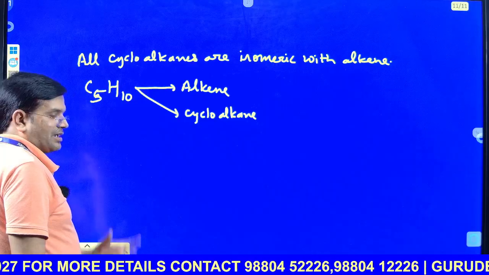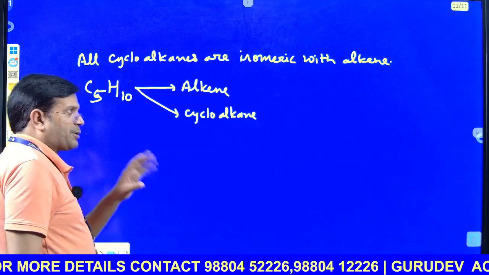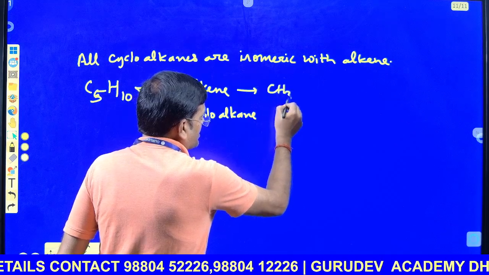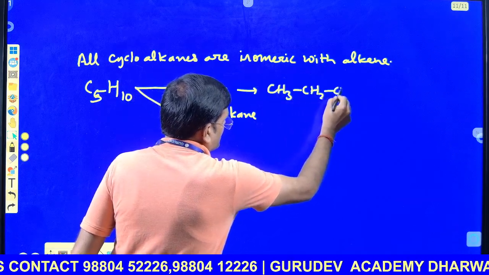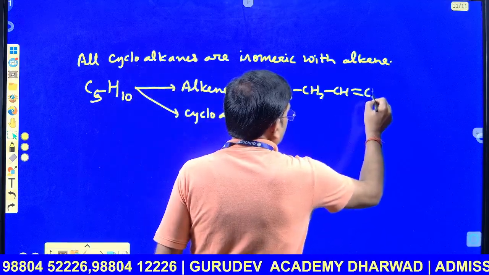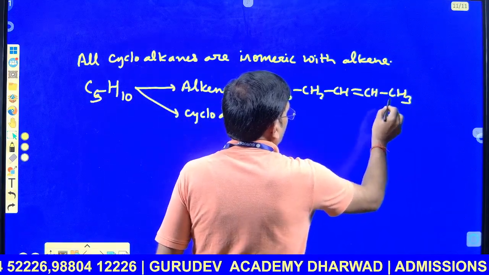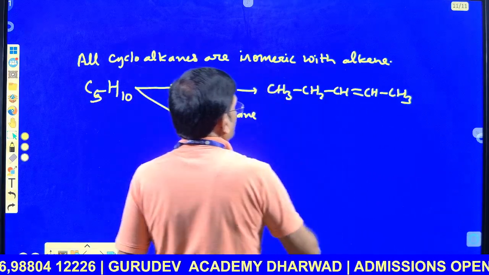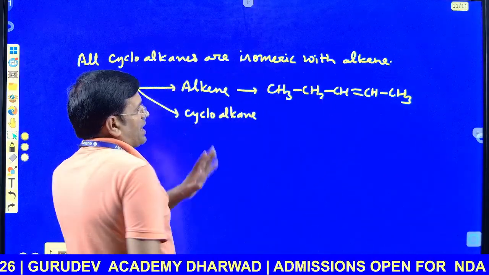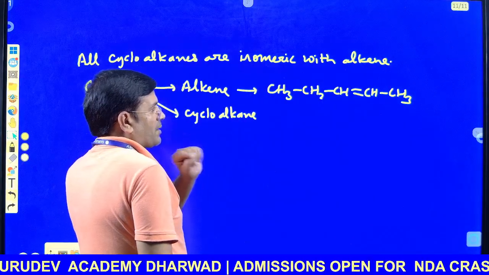What does it mean? All hydrogens must be equivalent. So for alkene it is never ever possible. Just see CH2=CH-CH2-CH3, 1, 2, 3, 4, 5. We can write several alkenes, but none of them will have a single type of hydrogen.